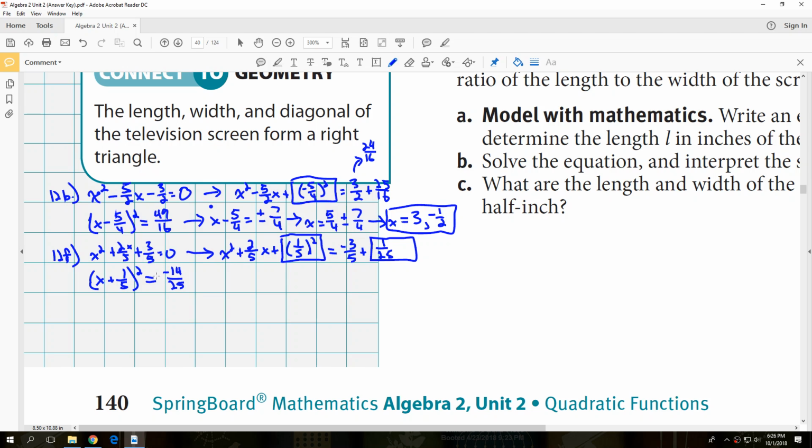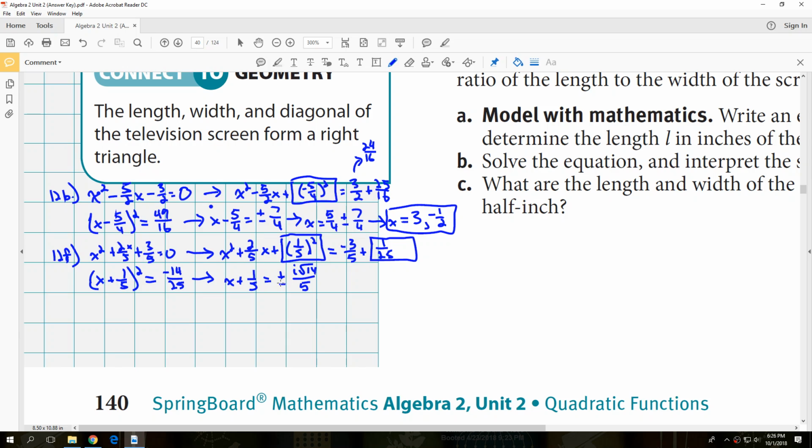All right, let's take the square root of both sides. So that becomes x plus 1/5 is equal to plus or minus the square root of, actually let's pull out the i. Square root of negative 14 would be i times the square root of 14 divided by the square root of 25, which is 5.